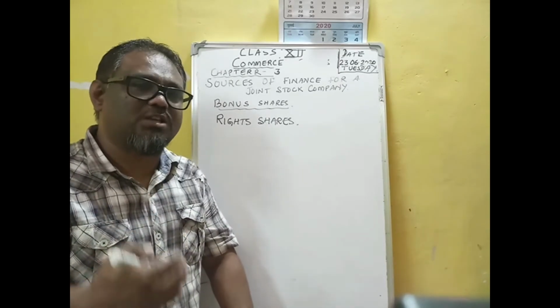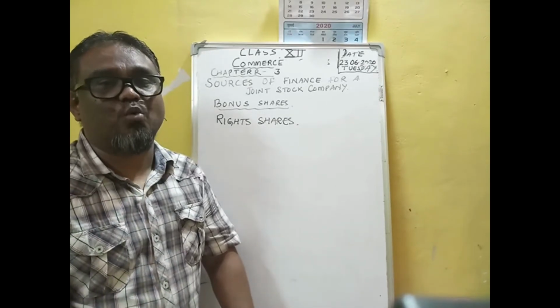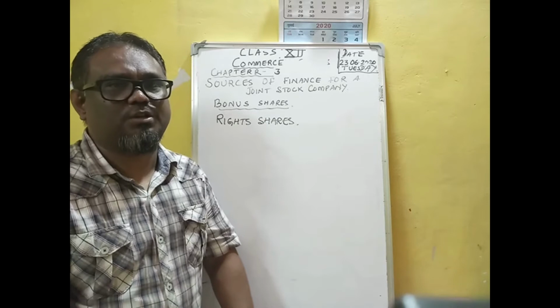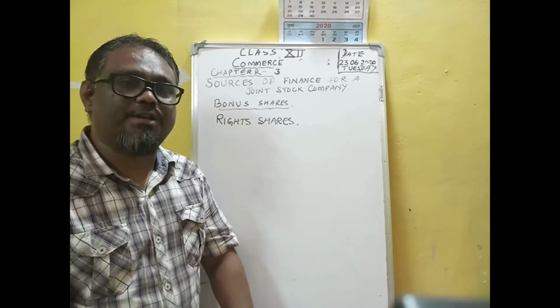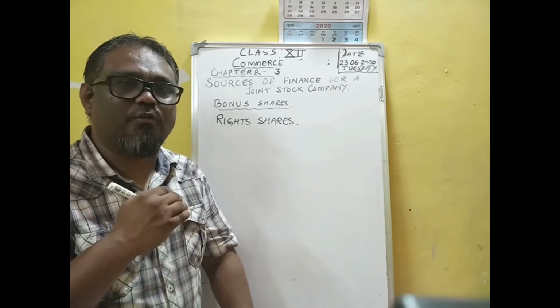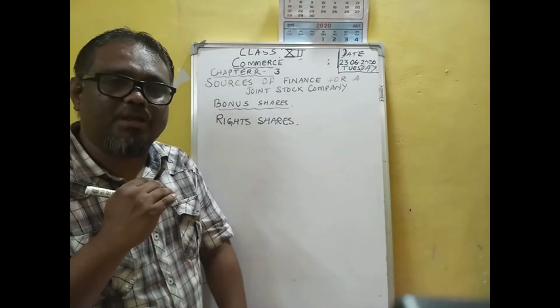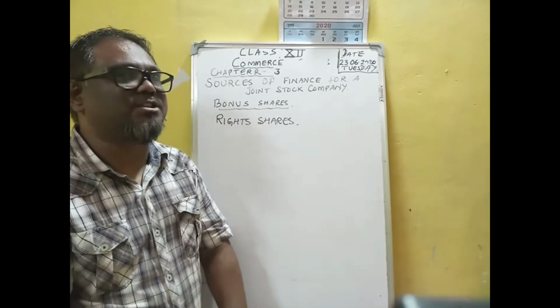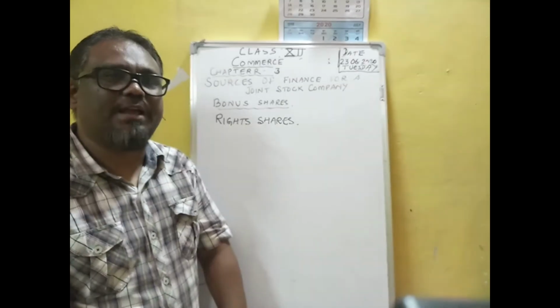If the existing shareholders are not ready to buy those shares, then they can be sold in the market. So when a company needs additional funds, the company has to ask the existing shareholders first.